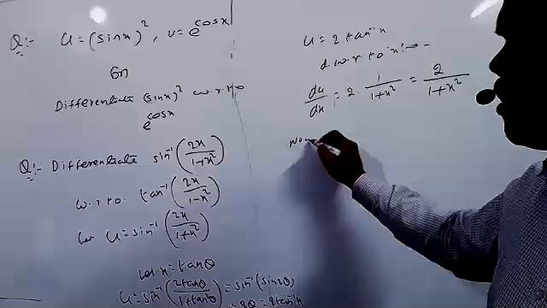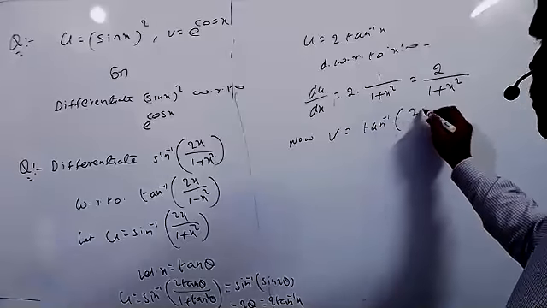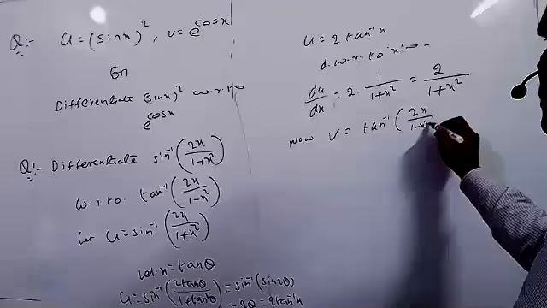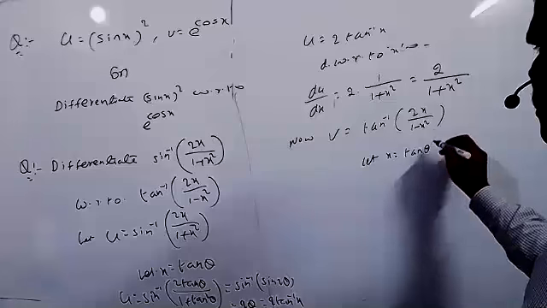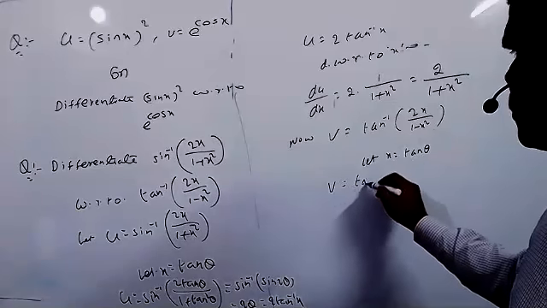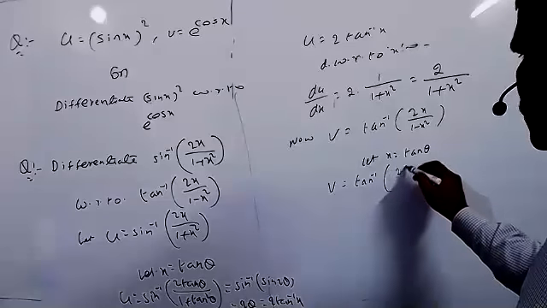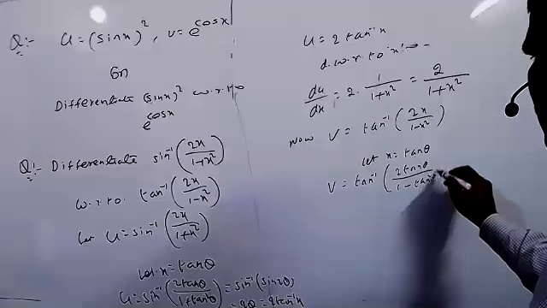Now take v equal to tan inverse of 2x by 1 minus x square. Here also let x equal to tan theta. So v equal to tan inverse of 2 tan theta by 1 minus tan square theta.